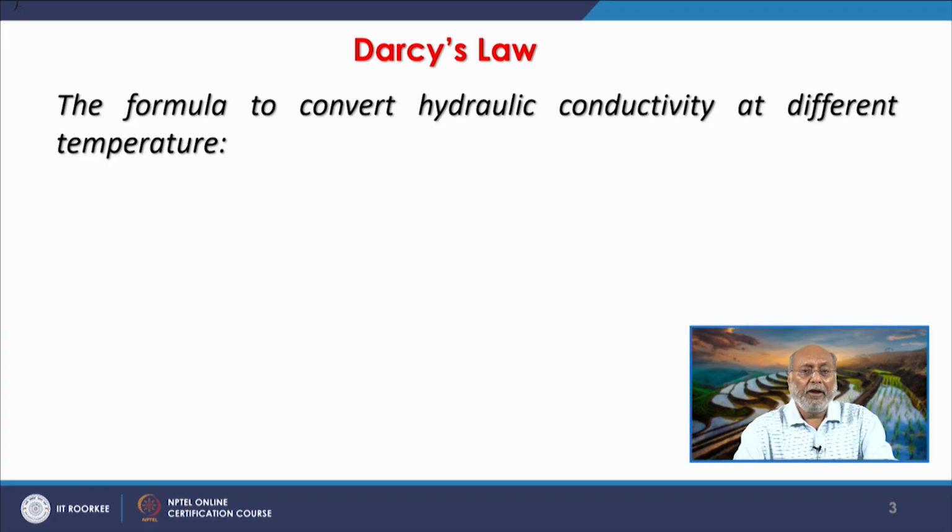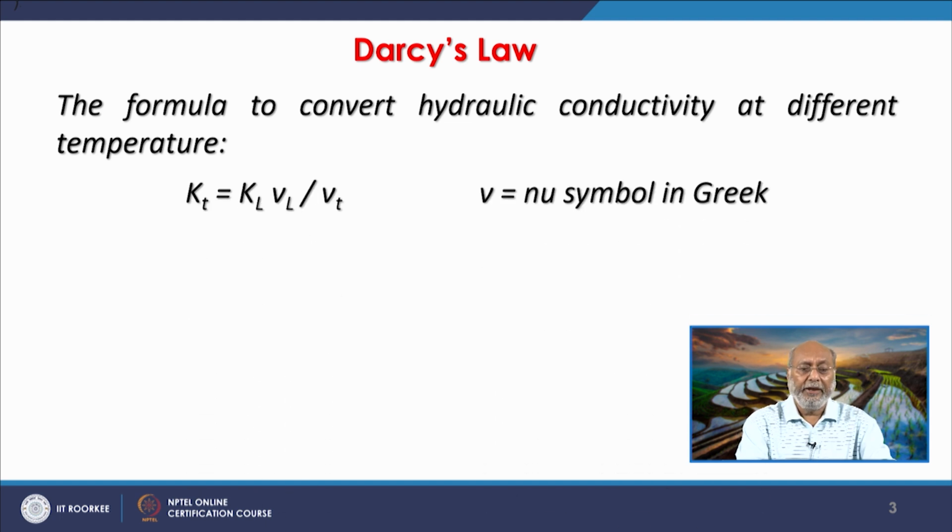The formula to convert hydraulic conductivity at different temperatures can be written as KT, that is hydraulic conductivity at temperature T, equal to KL times nuL upon nuT.